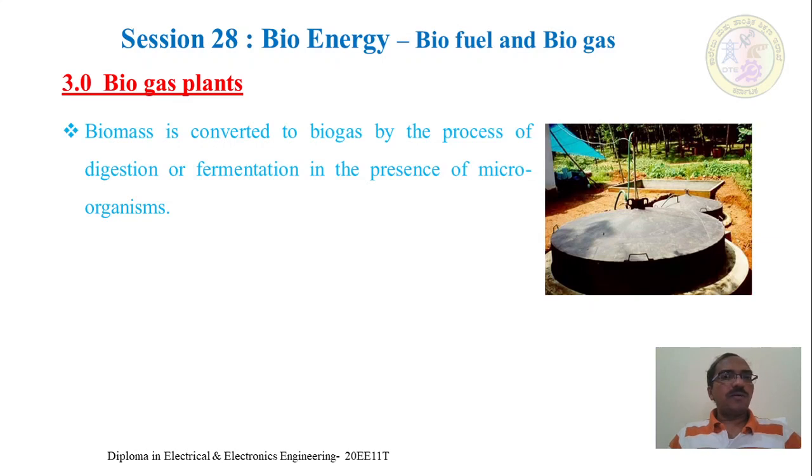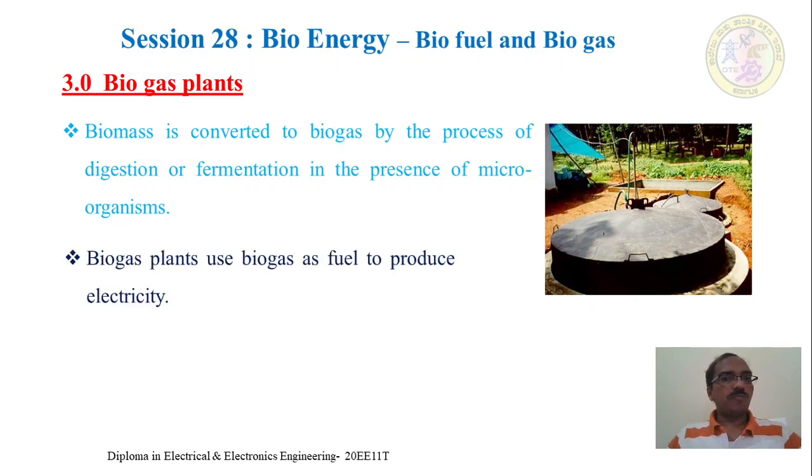Before we go to them, let us try to understand this concept. What is biogas? Biomass is converted into biogas by what process? We call that digestion or fermentation in the presence of microorganisms. By using these microorganisms, whatever waste has been collected will be converted into biogas.